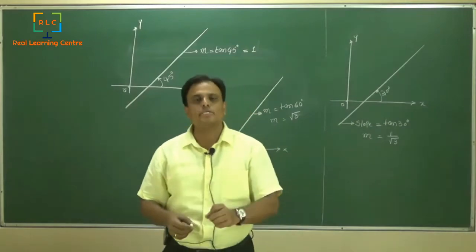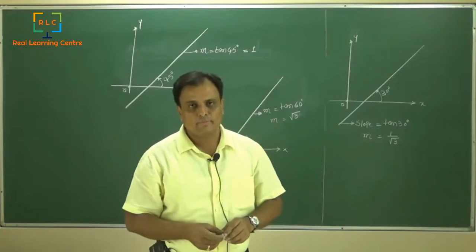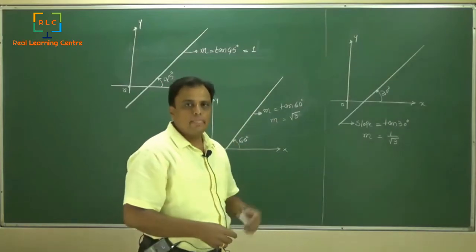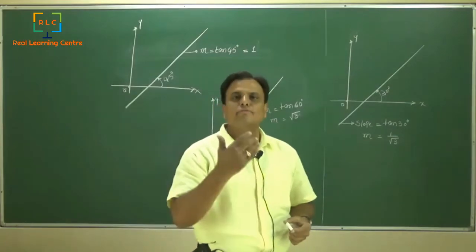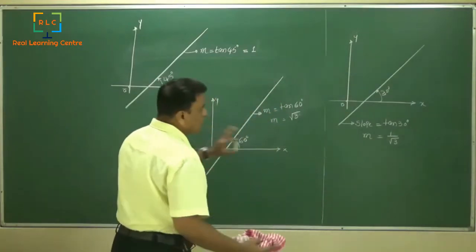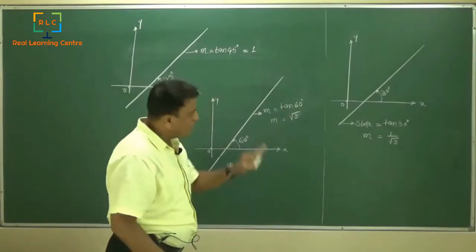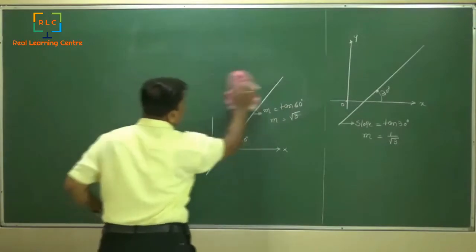If the inclination is an obtuse angle, then the slope is negative. So how do we find the slope of a line if the inclination is an obtuse angle? Before taking up the obtuse angle, let us once again consider two simple things.